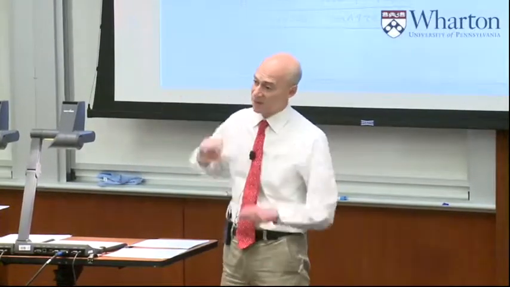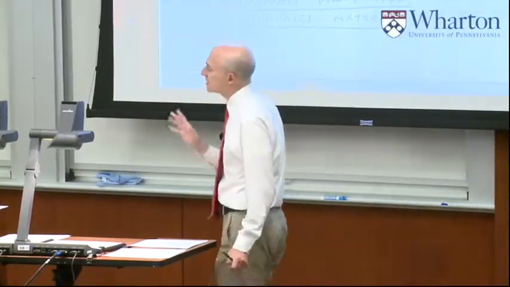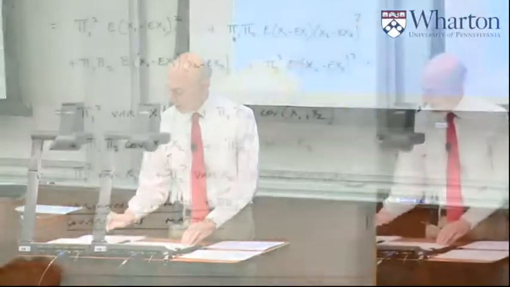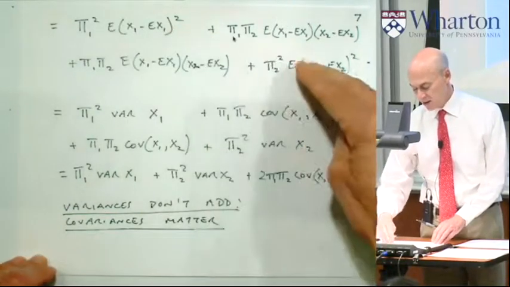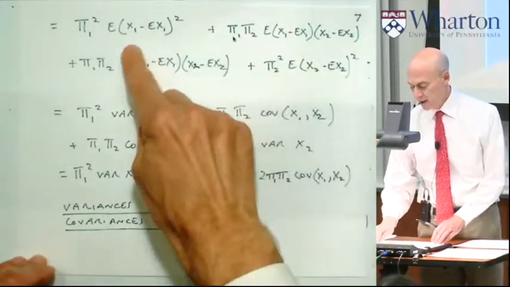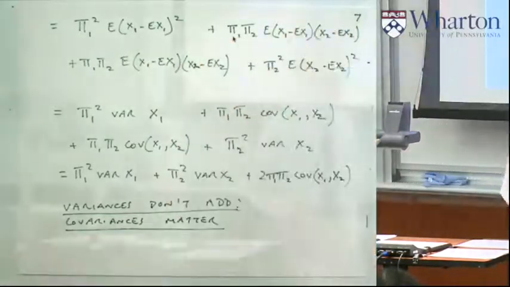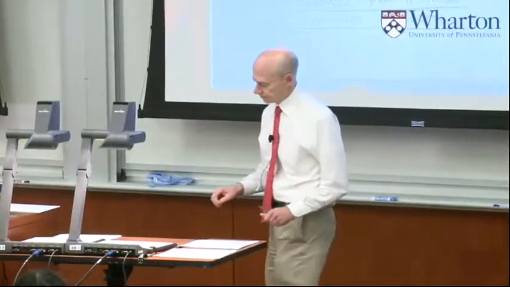Variances, and then off-diagonal, again, covariances. We'll come to that later on, but for the moment, just understand why when we multiply these brackets, we get variances on the diagonal, covariances on the off-diagonal. Any questions before we move on?